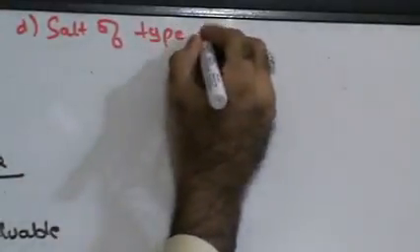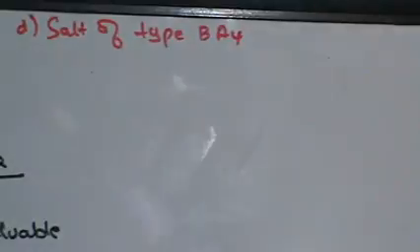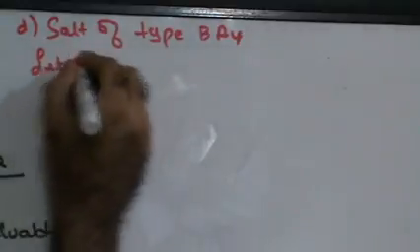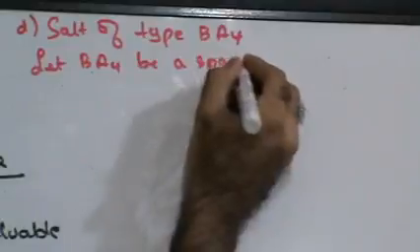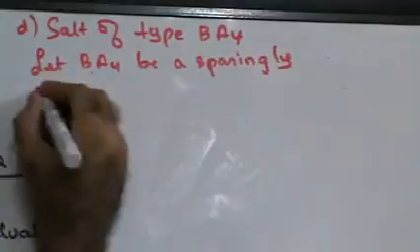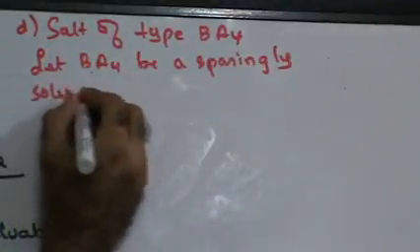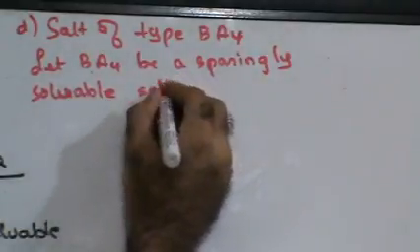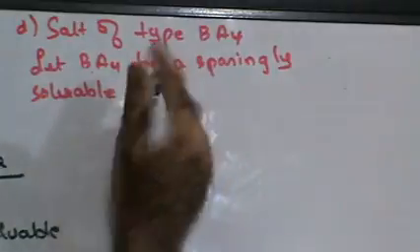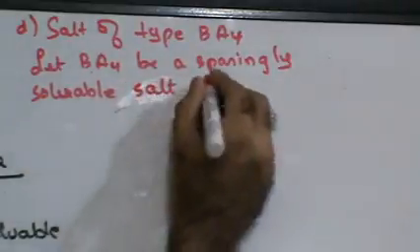Let's consider a salt of type BA4. This should be very easy by now. Same derivation. Let BA4 be a sparingly soluble salt shaken in water.